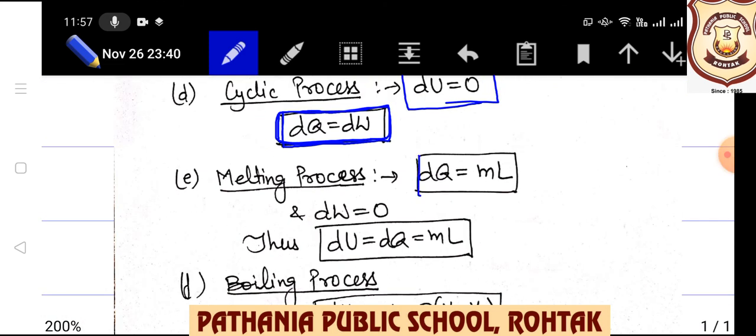That energy is utilized from the energy supplied ml, so your du becomes ml minus p(v2 minus v1). In other words, du is equal to dq minus dw, or dq is equal to du plus dw, which is nothing but the first law of thermodynamics.